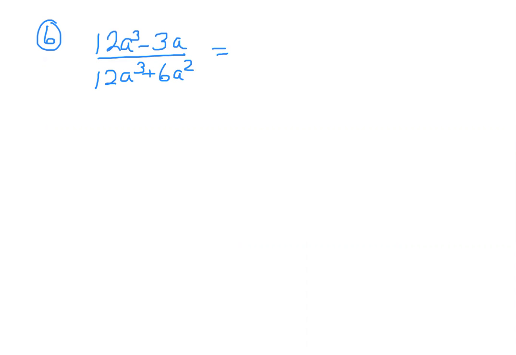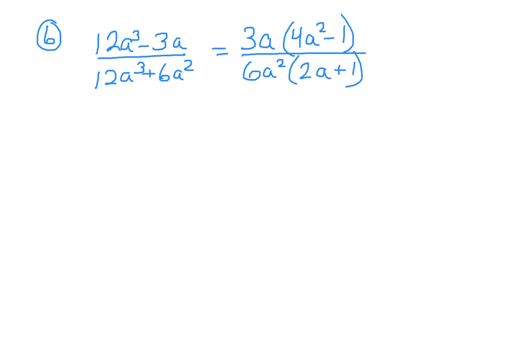Well, we can factor out a 3 and we can factor out an a. And if we do that, then we're left with 4a squared minus 1. And in the denominator, what can we factor out? We can factor out a 6a squared. And if we do that, we're left with 2a plus 1.